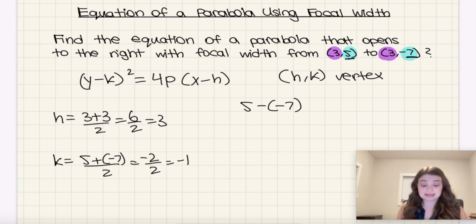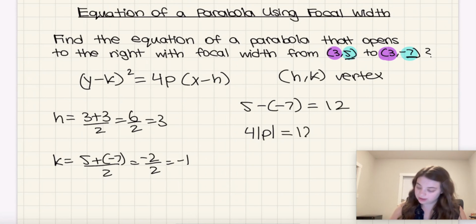And 5 minus -7 gives us 12. We also know that 4 times the absolute value of p is also going to give us the focal width, and so that's also equal to 12.